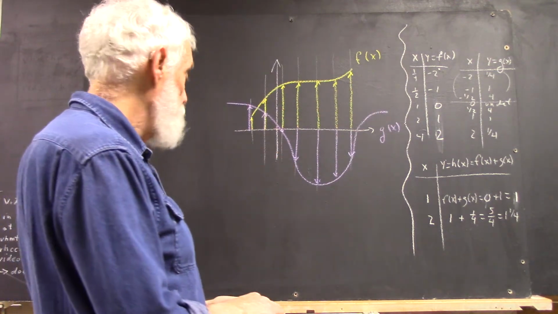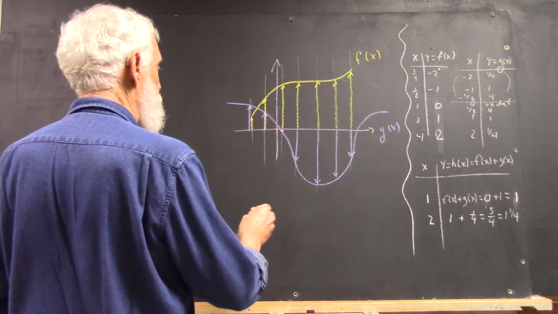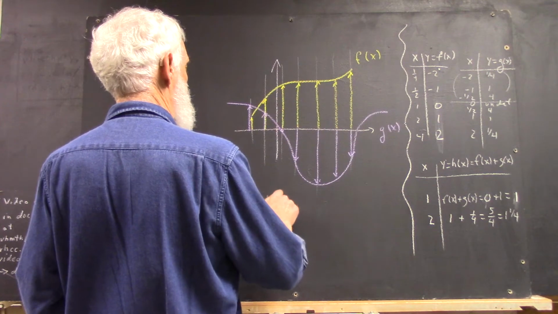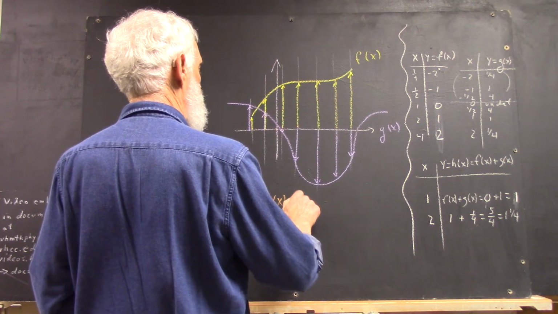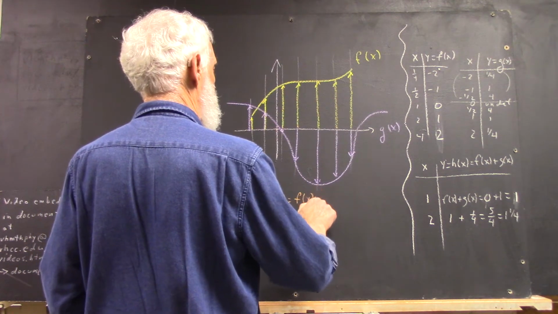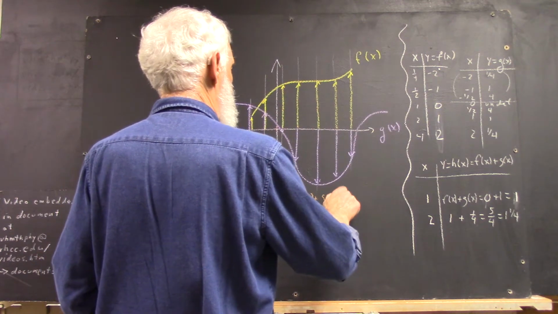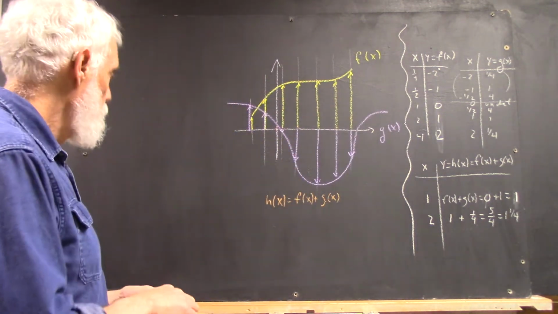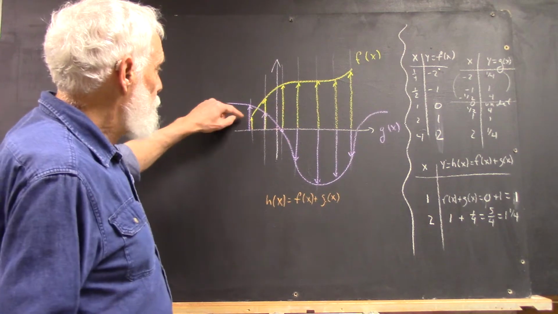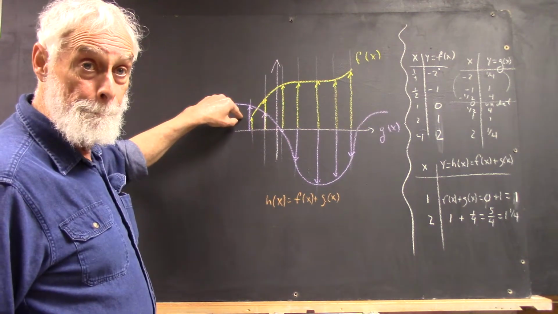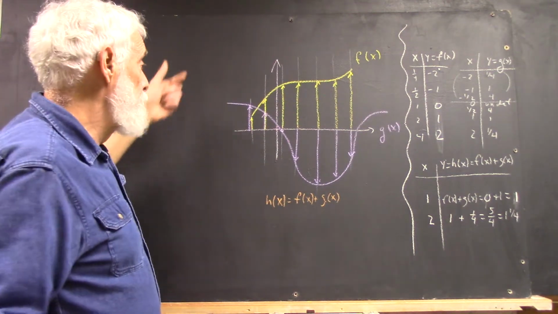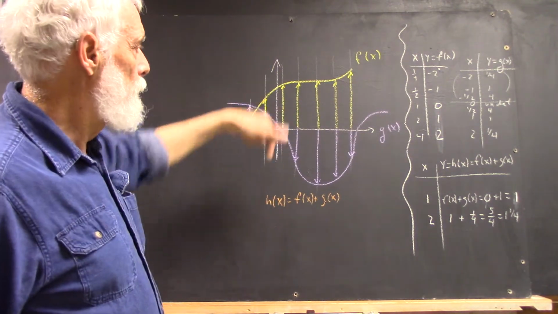So if h of x equals f of x plus g of x, well, we just take one of these arrows and put it on top of the other, right? And let's be consistent. Which arrow do you want to put on top?